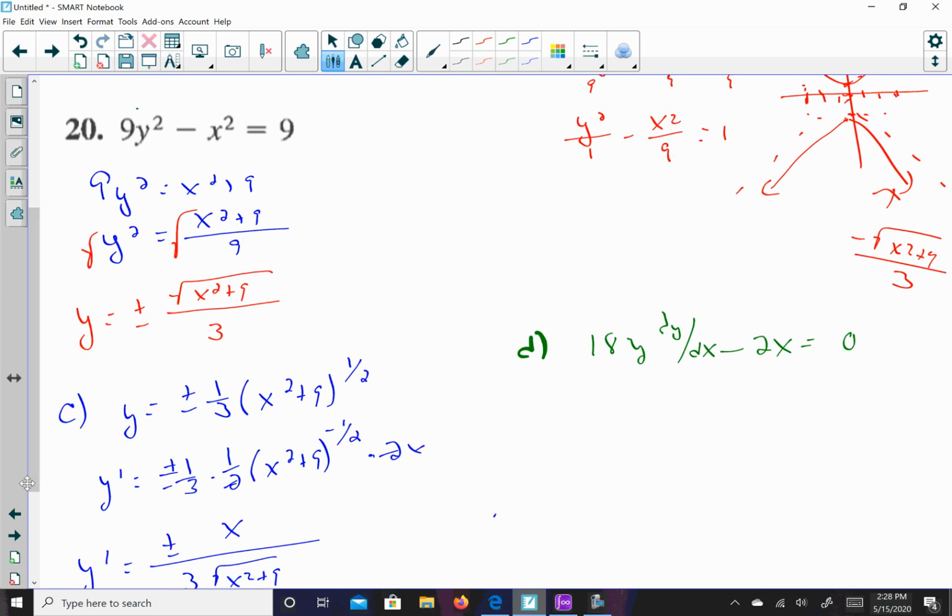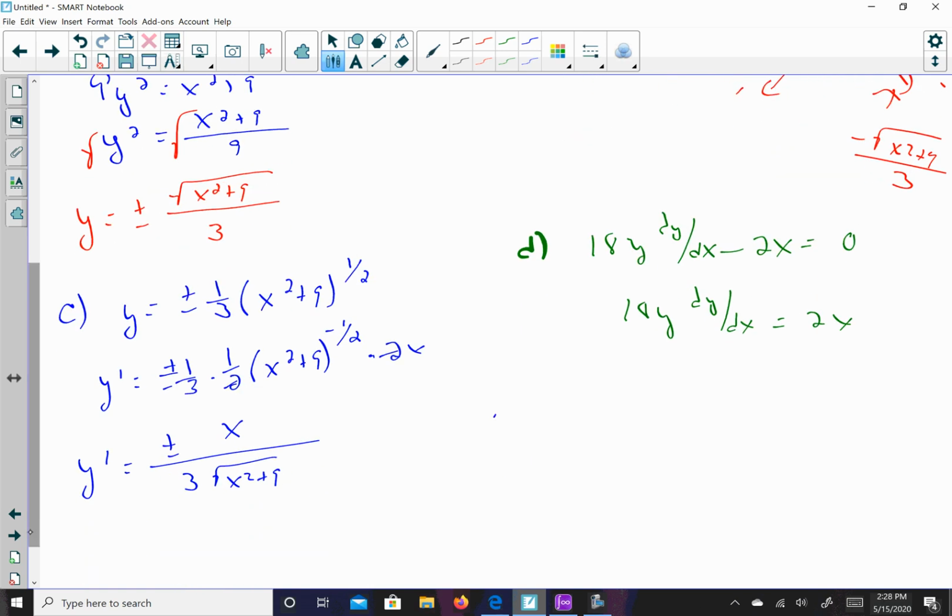So I am going to have 18y dy dx is equal to 2x. Divide both sides by 18. And I am going to have dy dx is equal to x over 9y. So that's my derivative of y in terms of x.